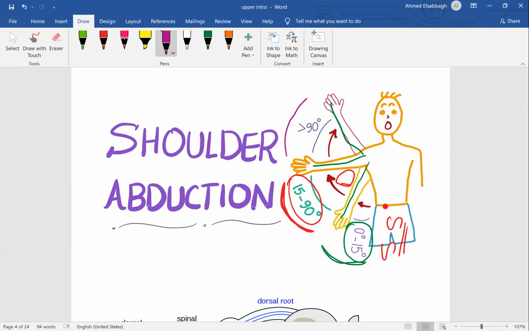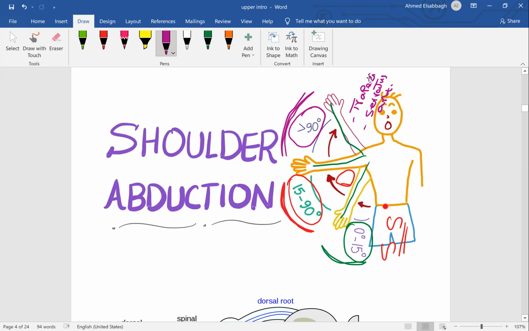From 90 to 180 it is controlled by two muscles, trapezius and serratus anterior. So shoulder abduction has three grades: from 0 to 15 by supraspinatus, from 15 to 90 by deltoid, and from 90 to 180 by the coupling action of trapezius and serratus anterior.